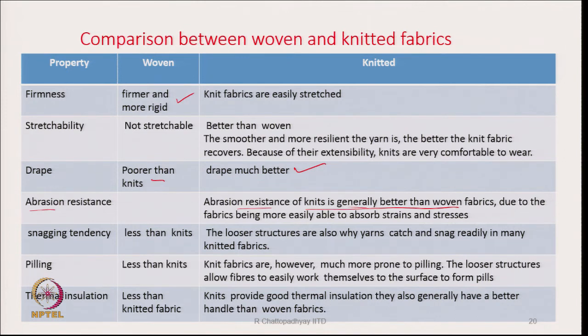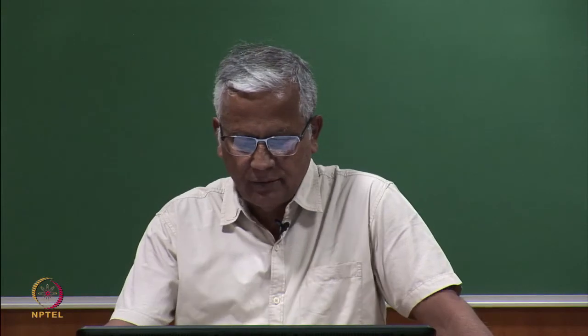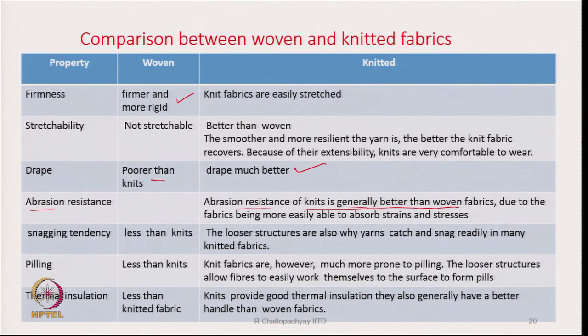And because of that mobility in the knitted structure, the abrasion resistance of the knitted fabrics is expected to be better, provided the yarns are exactly similar in nature. Snagging tendency for woven fabrics is always much less. Knitted fabrics show more snagging tendency because the structure is loose. Therefore, snag resistance is poor.